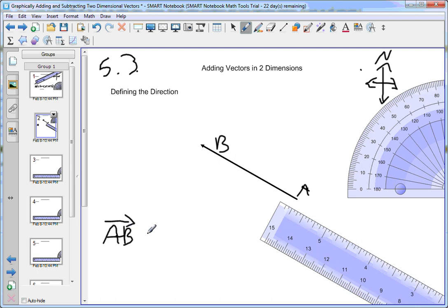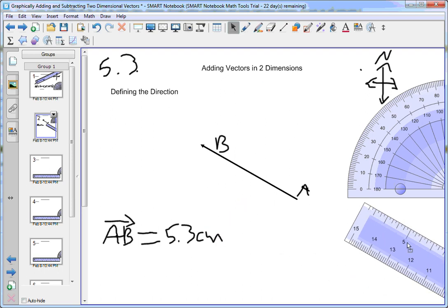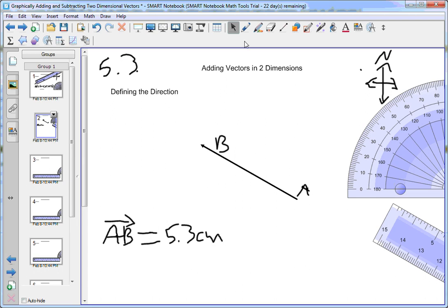Vector AB equals 5.3 centimeters, directions in square brackets, west 29 degrees north.